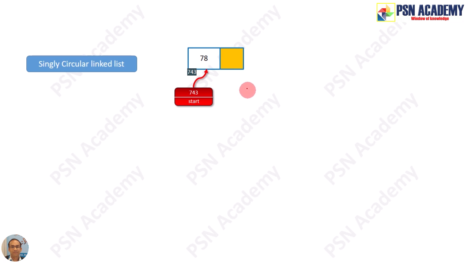Now, one small question here: suppose your singly circular linked list carries one node only. So this will be the scenario, and the start is pointing to the 743, and suppose 78 is there as data. This is actually immaterial now. Now what will be the content here in the next pointer part?